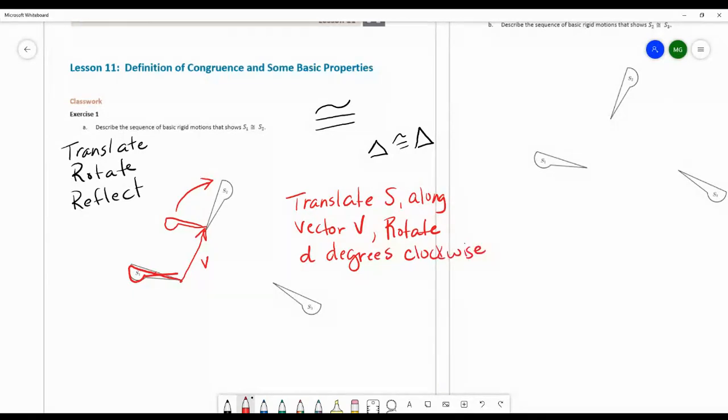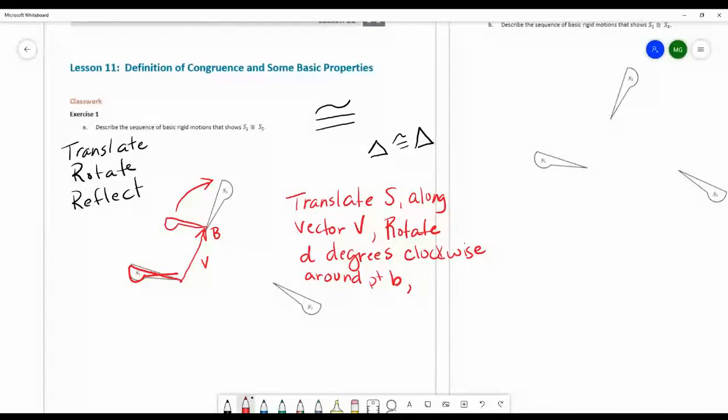So I'm going D degrees clockwise around a point. We actually don't have a point, so let's go ahead and label it. Let's call it point B. And we're going to go ahead and rotate clockwise around point B.